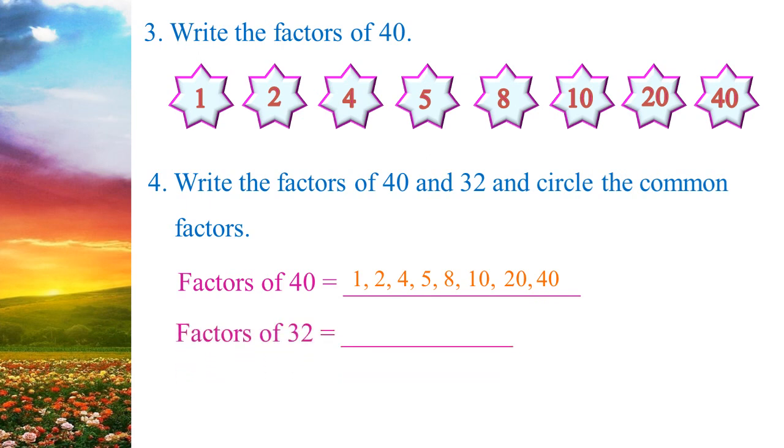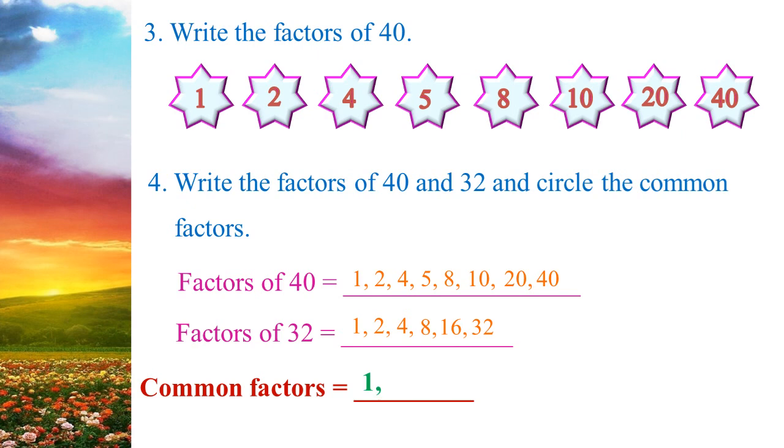Then we have to write factors of 32: 1, 2, 4, 8, 16 and 32. Now we have to find common factors of 40 and 32. Common factors of 40 and 32 are 1, 2, 4, 8.